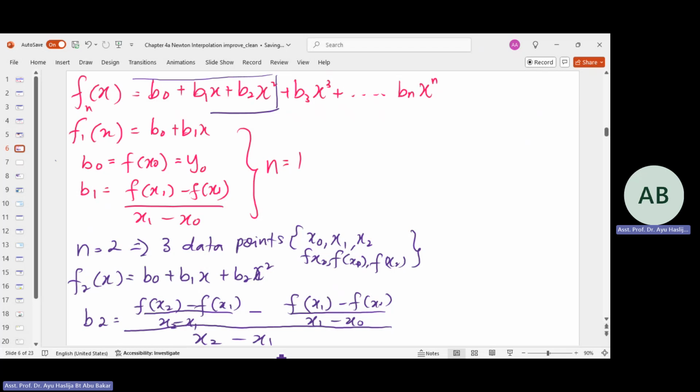Let's say you have a function and you are required to find the f(x) value with second order. So this is your x0, x1, x2. You need to find the slope for each.